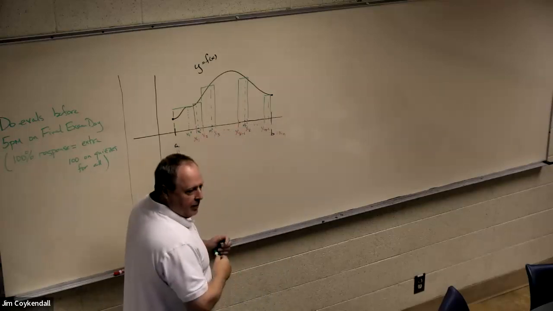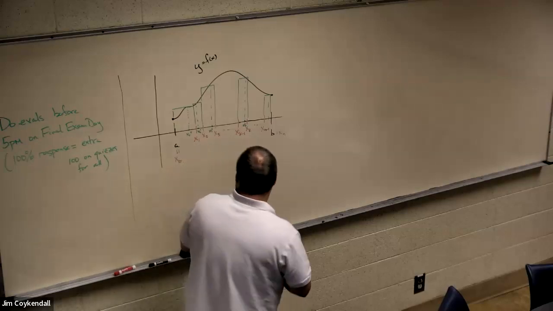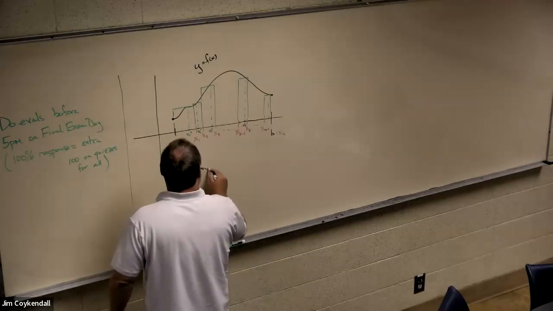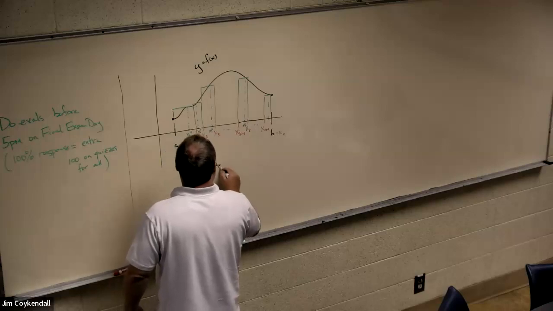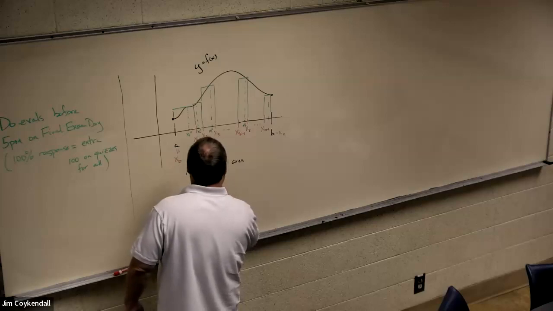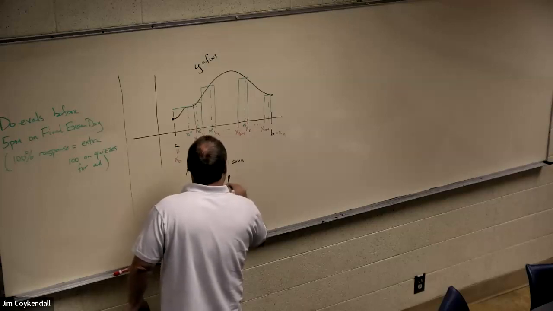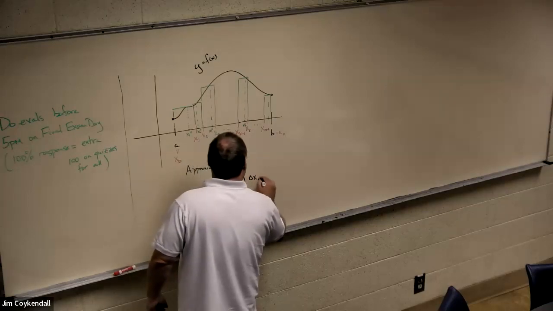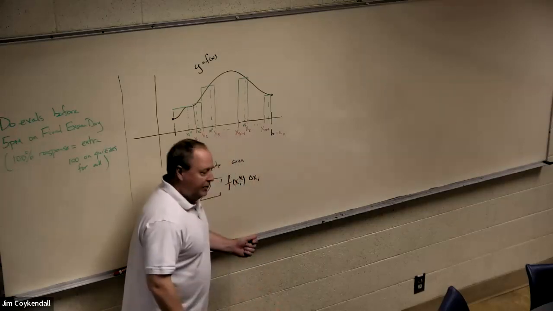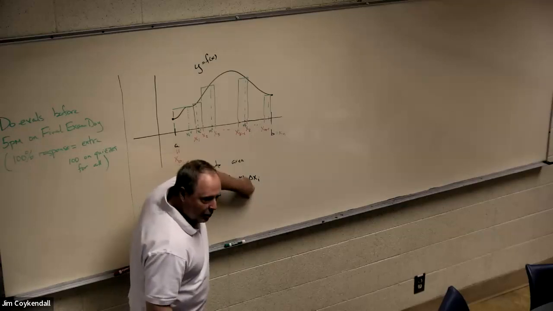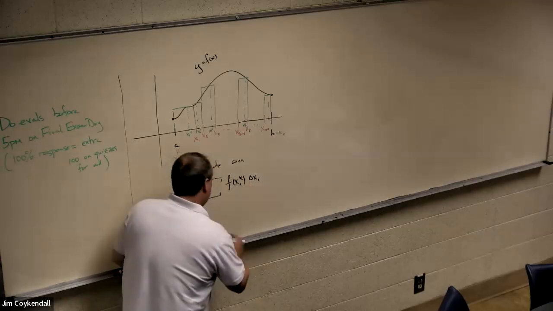Now, this is an approximation of the area under the curve. All this is a height times a width, and then add them up.